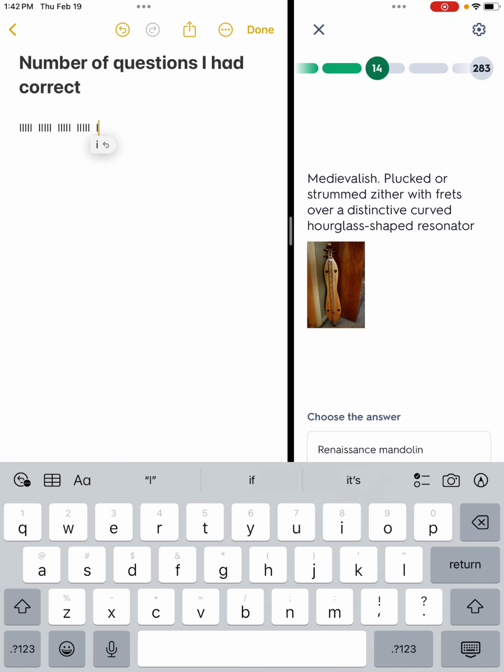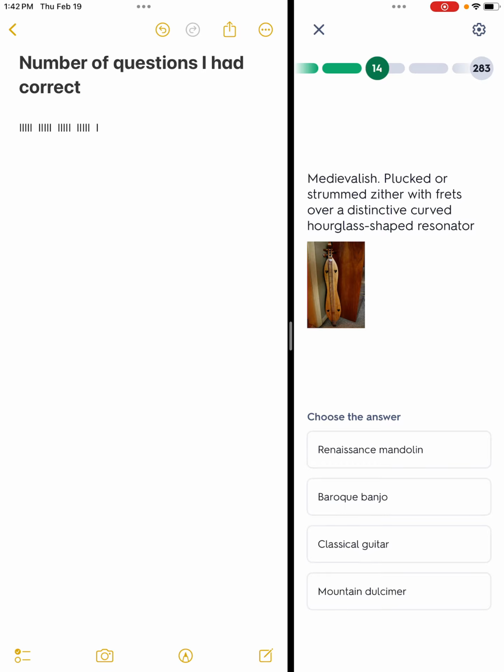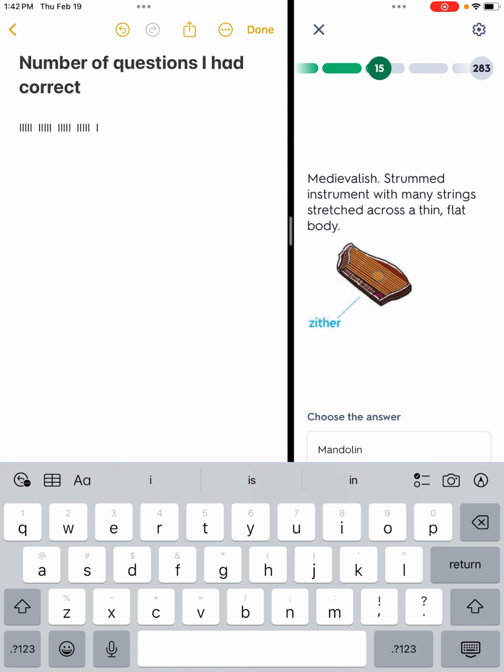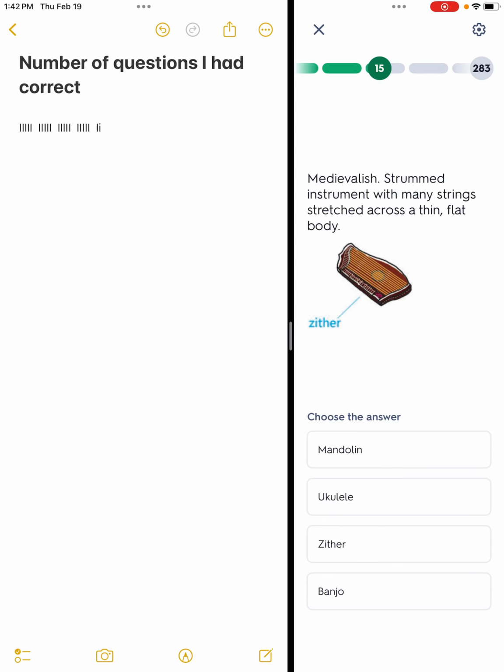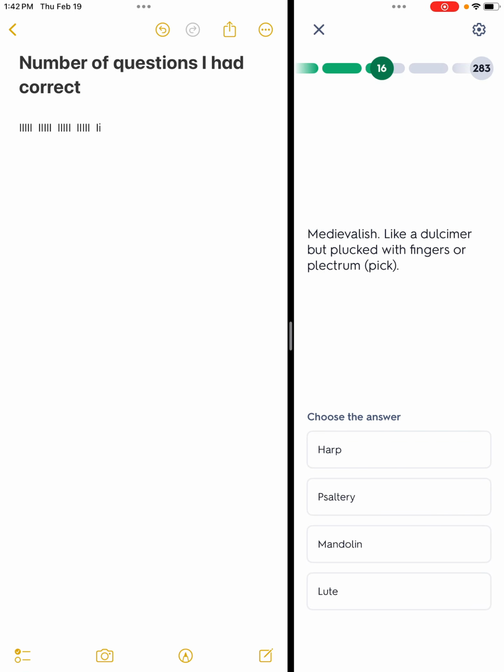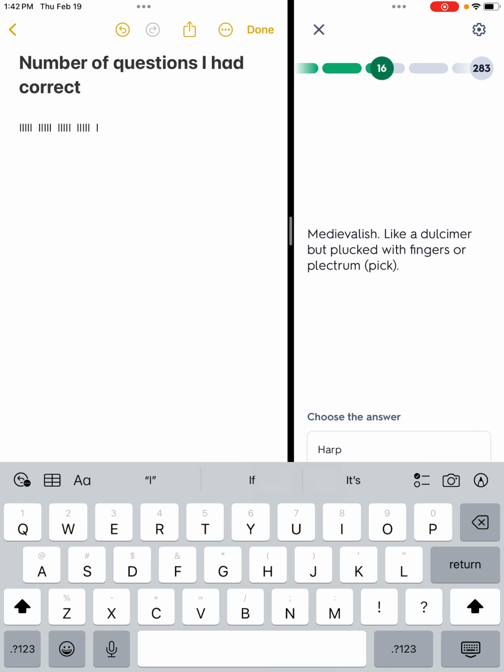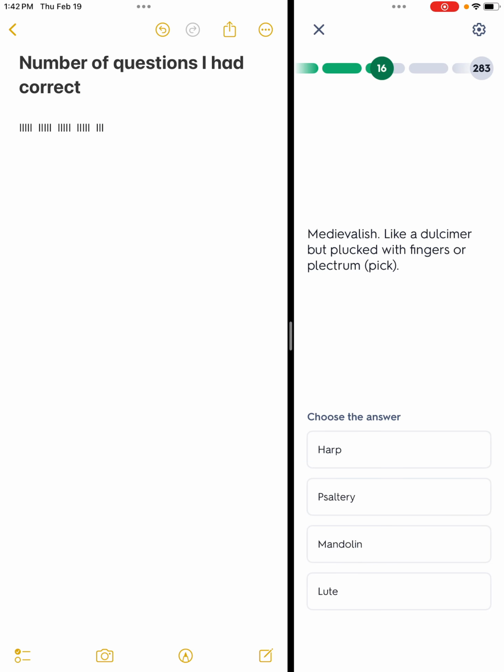Medieval plucked. Mountain dulcimer. Alright. Medieval drum and instruments are flat. Zither. Medieval, like a dulcimer, but plucked by fingers or plectrum.